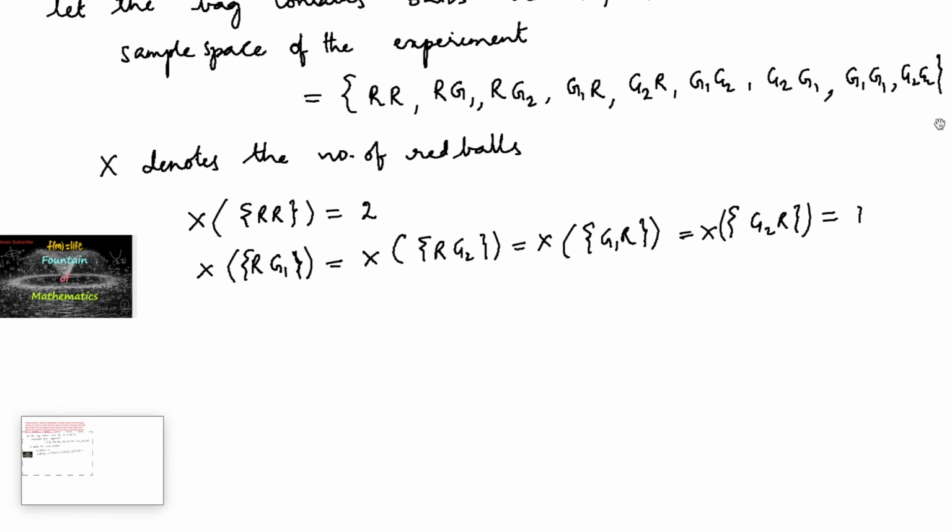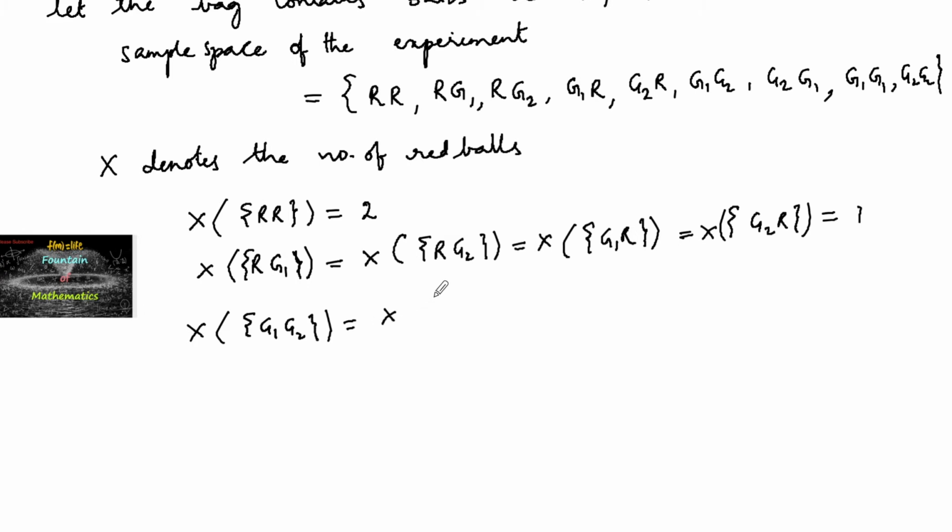And then again you have the other events: G1 G2, and G2 G1, and G1 G1, and G2 G2.